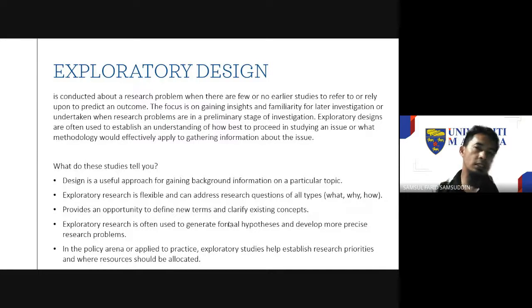So you have to conduct this kind of exploratory design. It means that when you do the literature review, you cannot find any related literature that can help you in identifying this kind of phenomenon or question. So you have to conduct this kind of exploratory design.